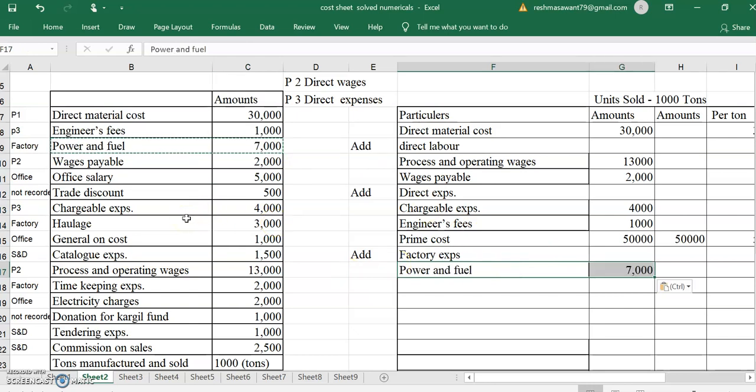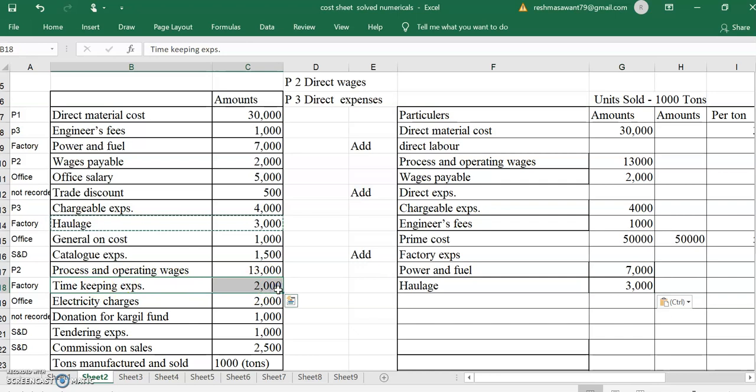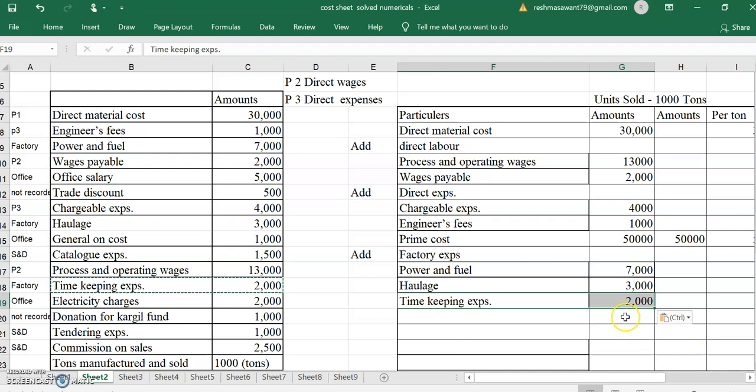Next, factory expenses, haulage. Next, factory expenses, timekeeping expenses. There are only three headings for factory expenses. Calculate and count them.